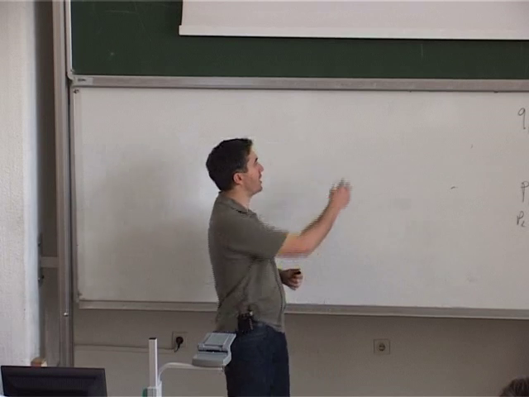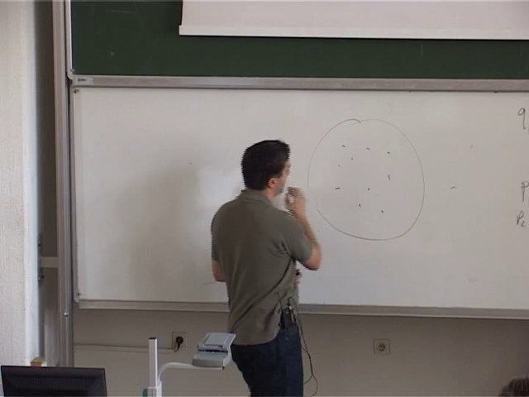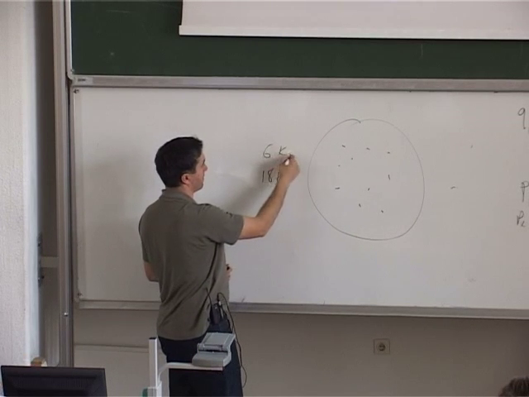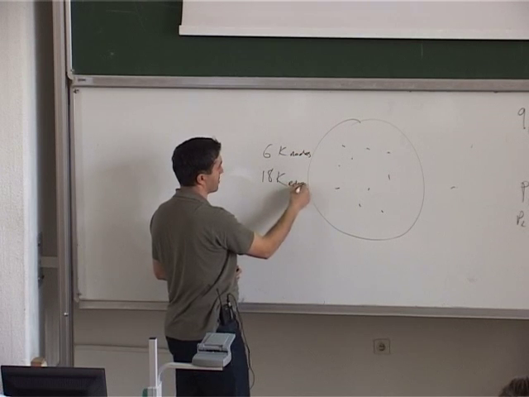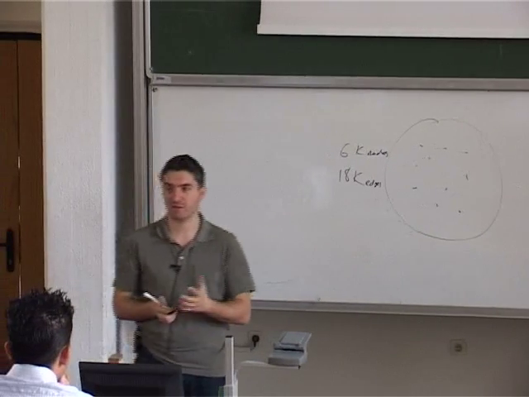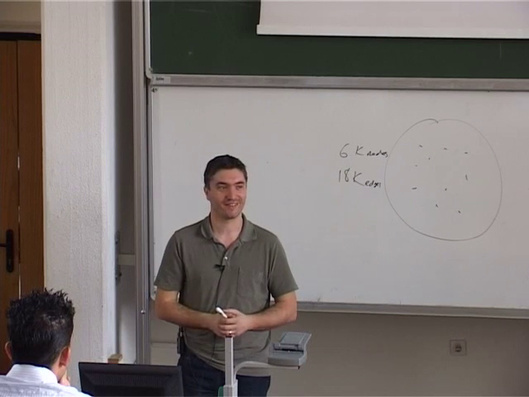Imagine you are given a graph with 6,000 nodes and 18,000 edges. Can you tell something about the sparsity of this graph? Is this graph very connected, or how connected is this graph?